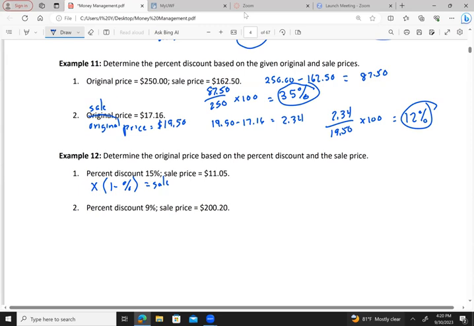So I have my original price times 1 minus 0.15 equals 11.05. So this is X times 0.85 equals 11.05. So X equals 11.05 divided by 0.85, which is $13.